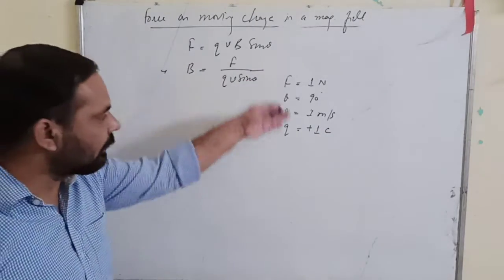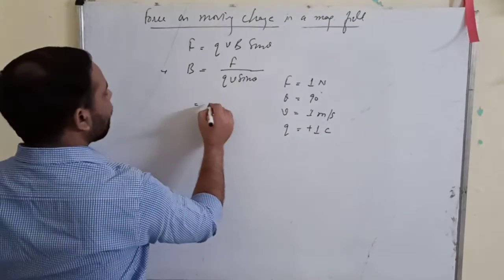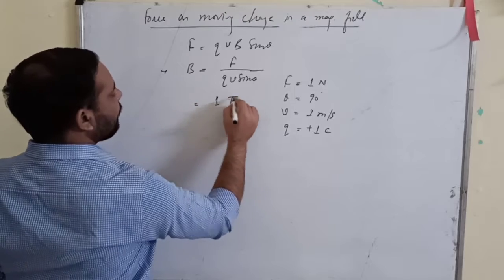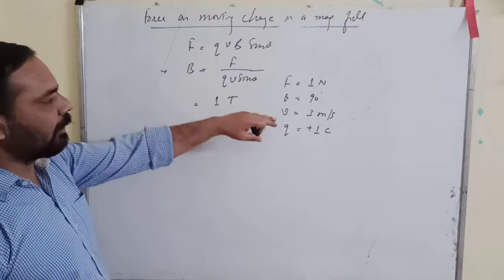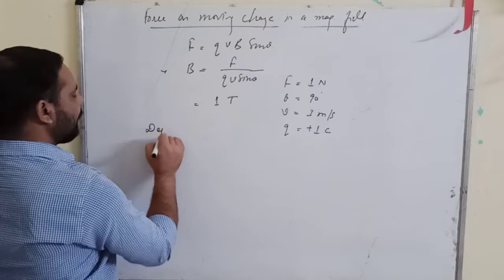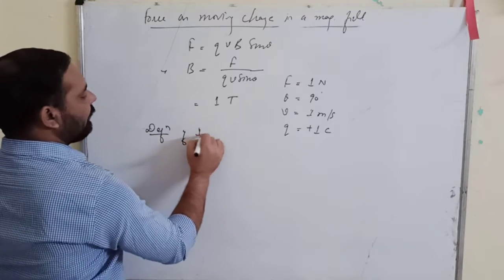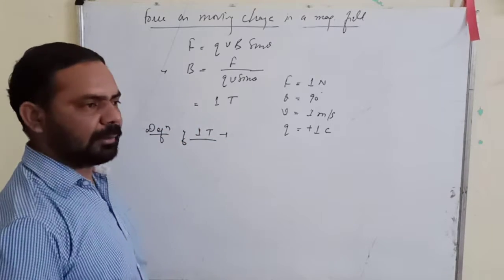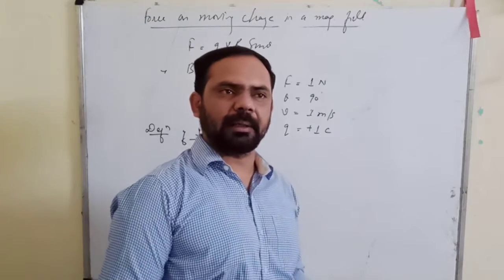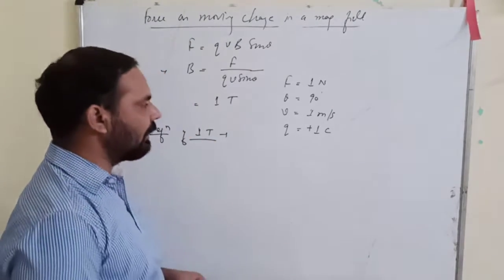If I take these conditions, then my B will become equal to 1 Tesla. Now from here you can define how much is 1 Tesla magnetic field.